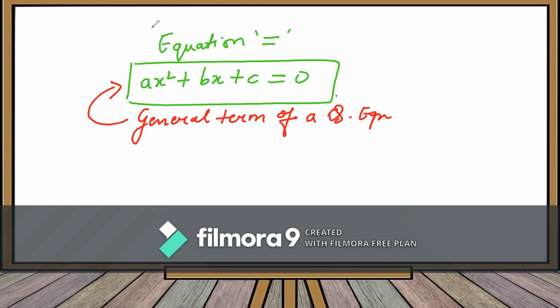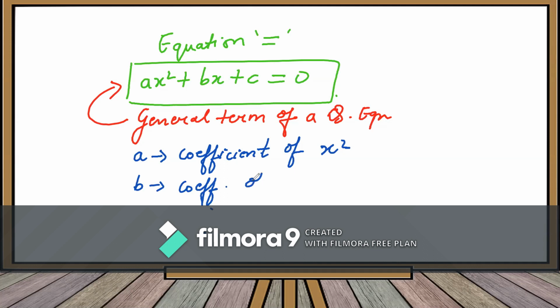So over here, if this is the general term of a quadratic equation, a is called the coefficient of x squared, b is the coefficient of x, and c is a constant.